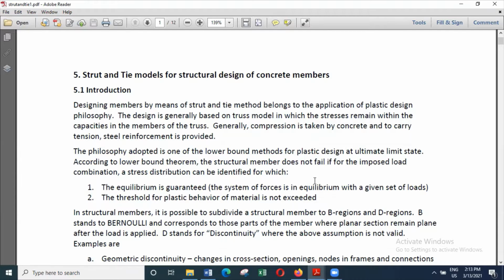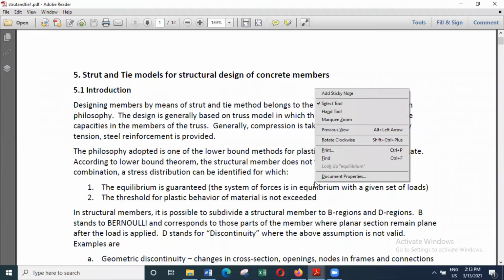Then you will find this assumption that the plane sections remain plane is not strictly valid, very close to this discontinuity. Very close to the discontinuity, you will find that the assumption that the plane sections remain plane will not be valid. And those regions are called D regions.